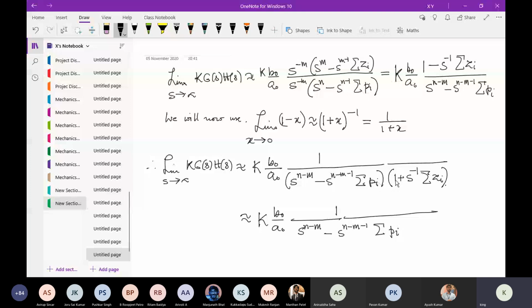When you multiply this with this, so you will get, this product we neglect. Okay, another higher order term is neglected.